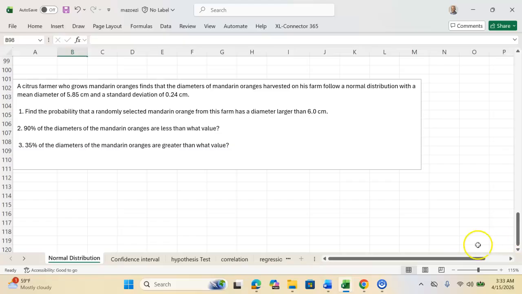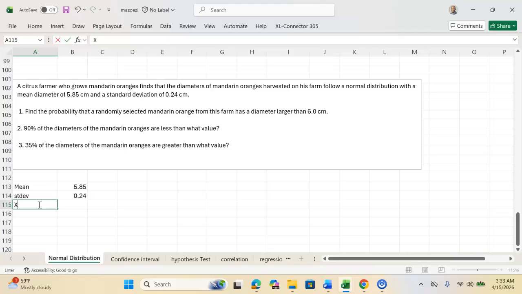So you can repeat exactly the same as what we did. So we have the mean, and that mean is 5.85. Standard deviation, which is 0.24, and then we have x.